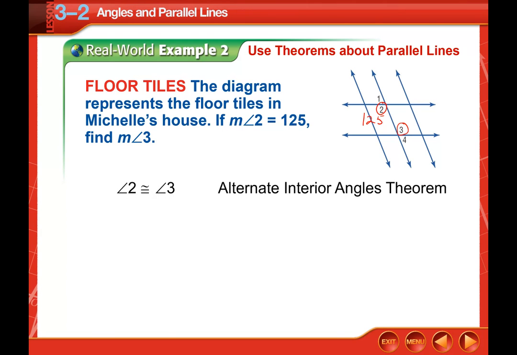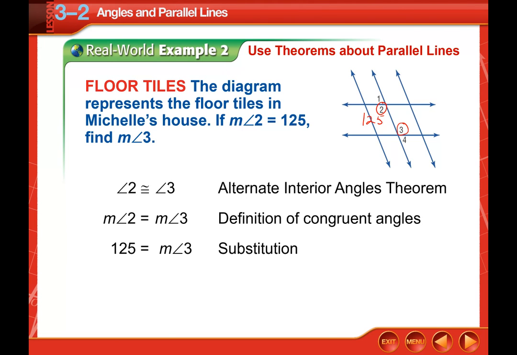So we can use the alternate interior angles theorem, that the alternate interior angles are congruent to one another. Because they are congruent, their measures are equal through the definition of congruent angles. Since that measure is equal, the measure of angle 3 will also equal 125 through substitution.